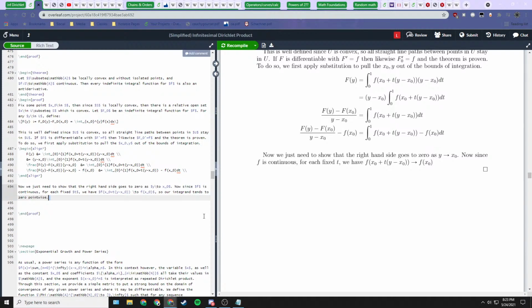Our integrand tends to 0 pointwise. Right, so our integrand tends to 0 pointwise.